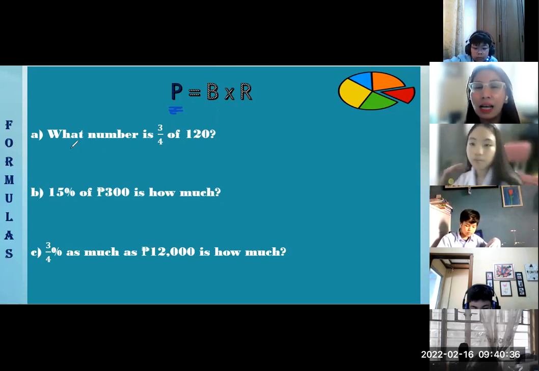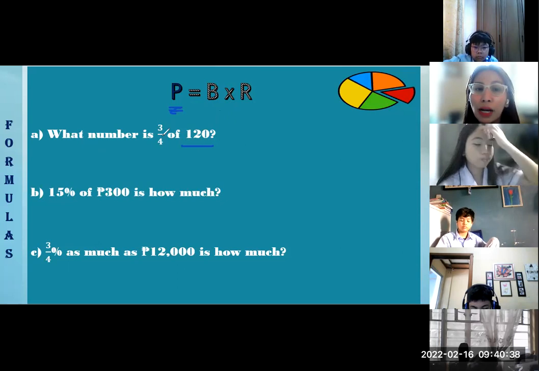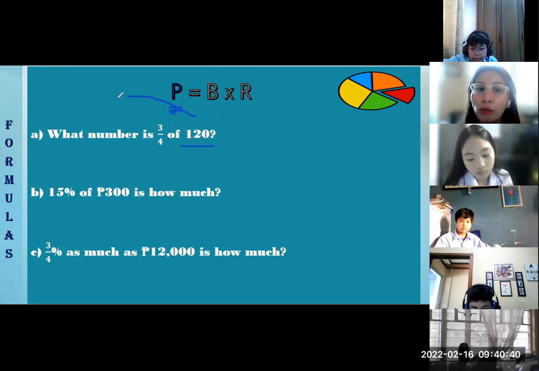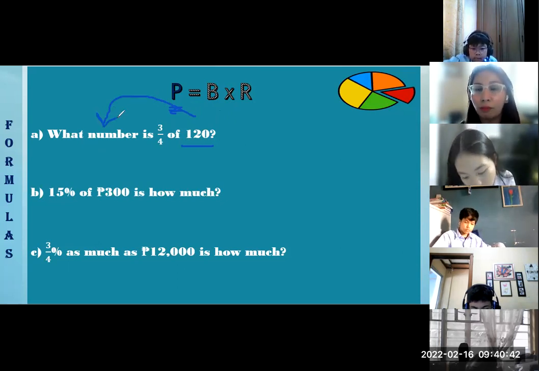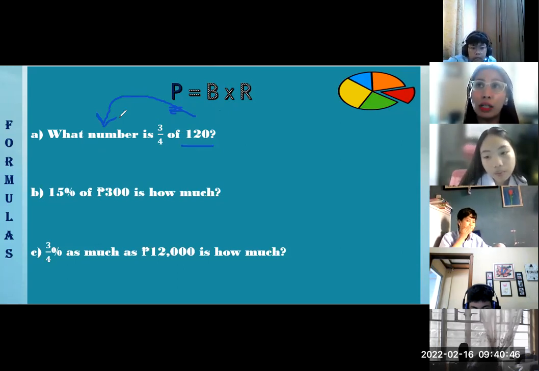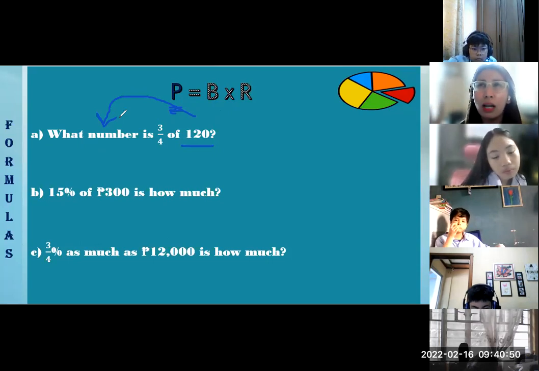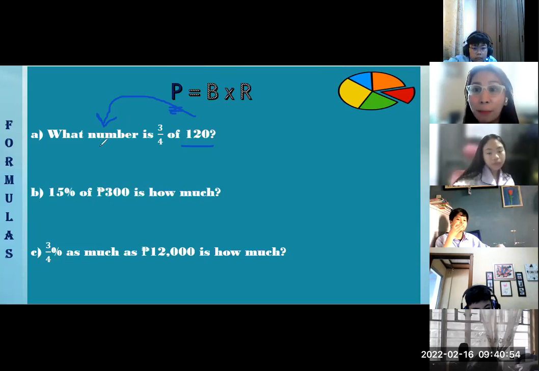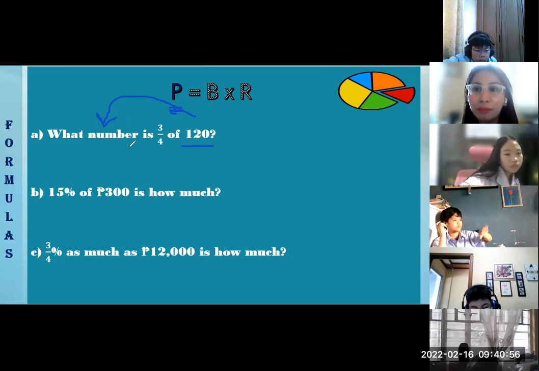Let's analyze. 120 is bigger than the number we are looking for, right? Tama? Kasi what number daw is 3/4. 3/4 lang ng 120. Therefore, 120 is bigger than the missing number. Yeah, correct. So, P, lagay na natin using the formula.